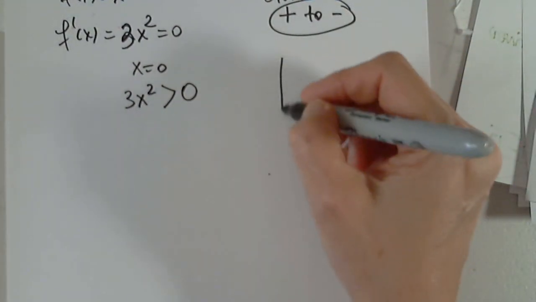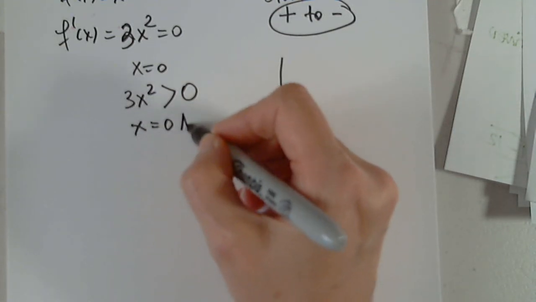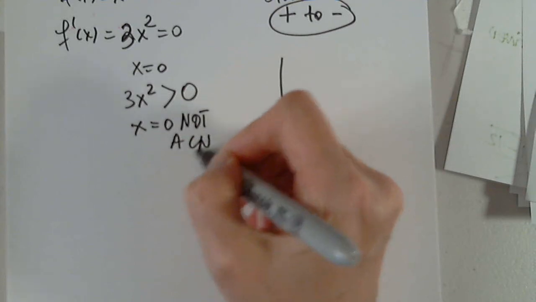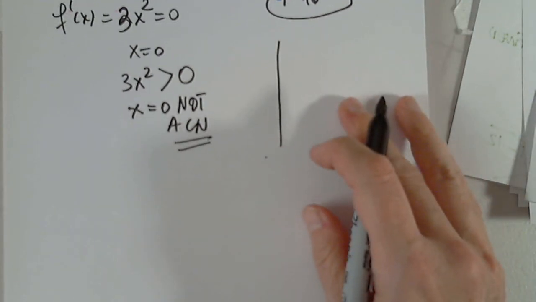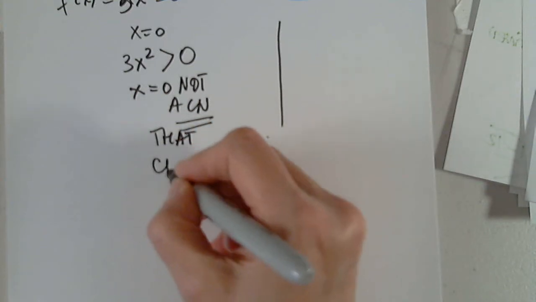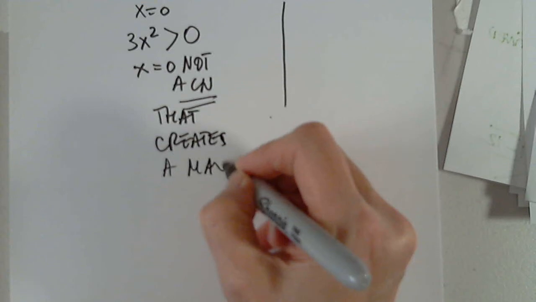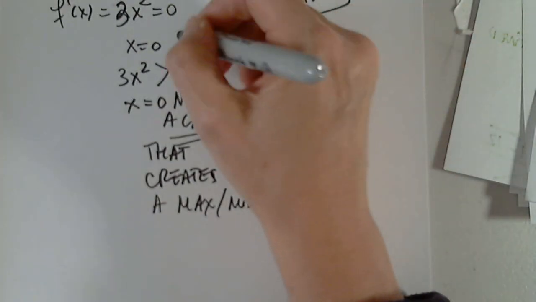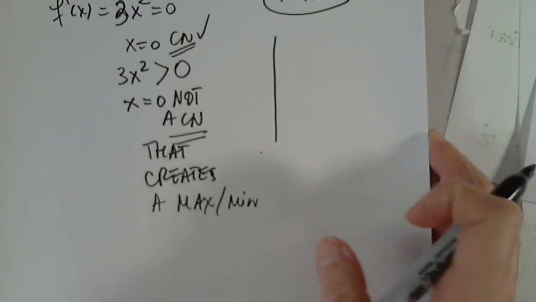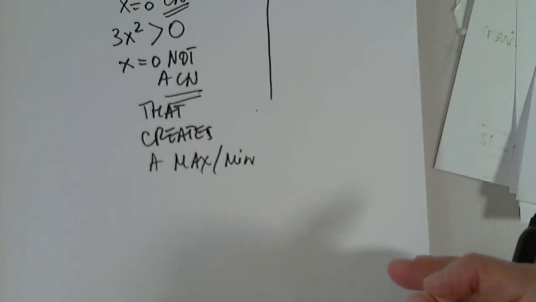So, because it's always positive, x equals 0 is a critical number, yes, but it's not a critical number that will produce a max or a min.